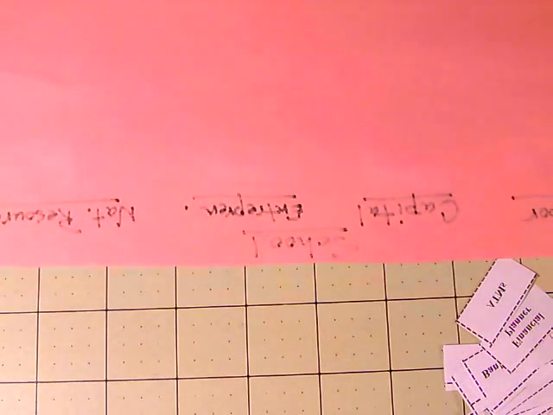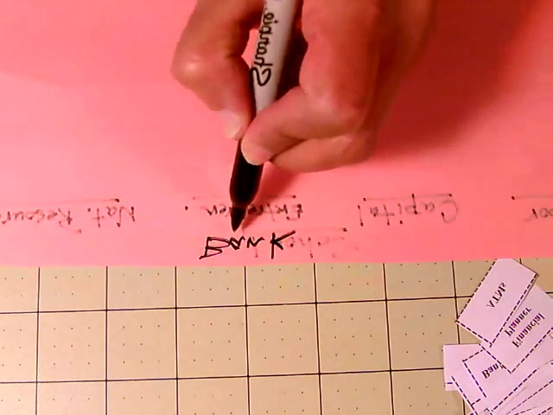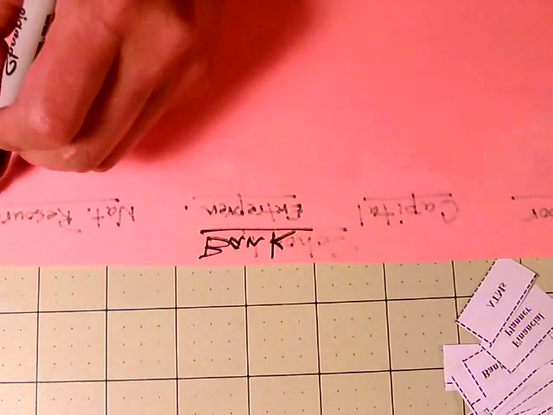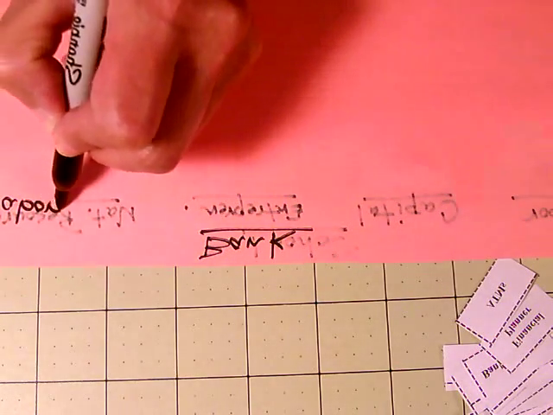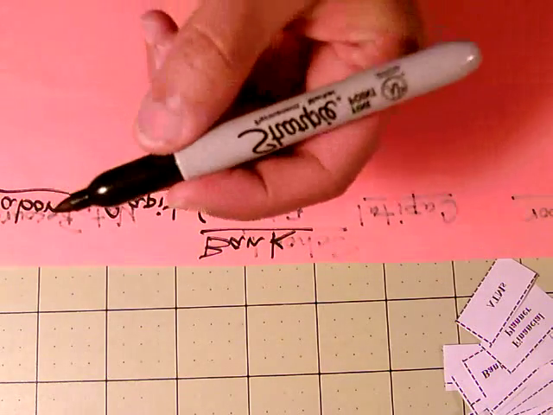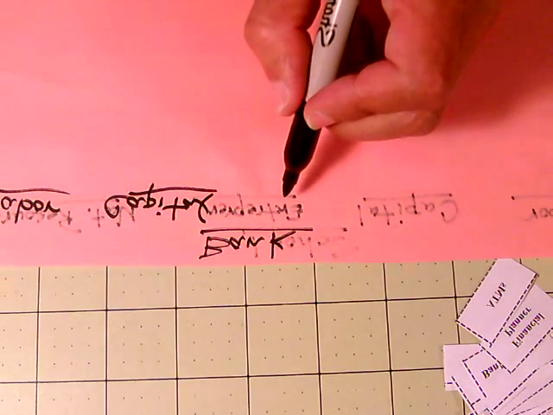Okay, so when I'm finished with all of the ones for school, I'm going to turn my paper over, and on the back of it, let's say I decide to do the bank next. I'll write bank, and I'll do the same thing, right? Labor, capital. You might not want to use a Sharpie because it bleeds through. Use a different kind of marker.